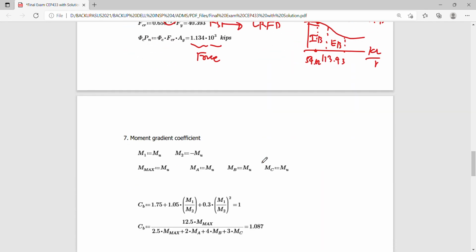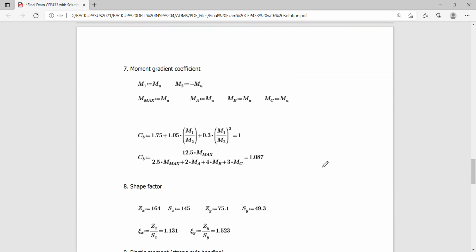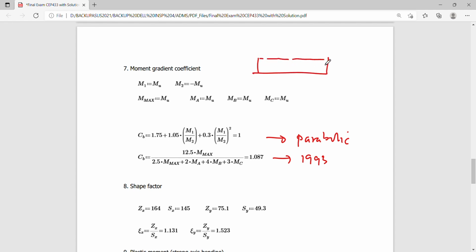Okay, so for number 7, we take the moment gradient coefficient. So we have two formulas for the moment gradient coefficient. The first one is actually your parabolic formula, and this is the 1993 nonlinear formula. If we look into the moment, if this is your beam column, the moment is actually equal-ended. So M1 and M2 are equal.